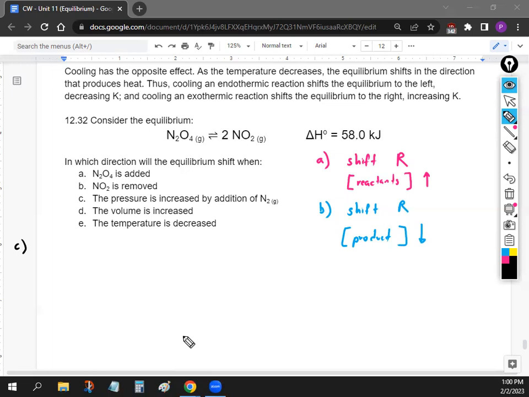I was thinking the same thing. I know the last one about temperature is endothermic, but then I was thinking about what side N2 is on. So I don't know if that still applies. Yeah, that's probably the key point. We don't know which side N2 is going to go on, right?